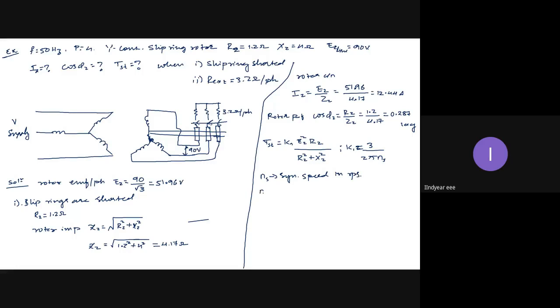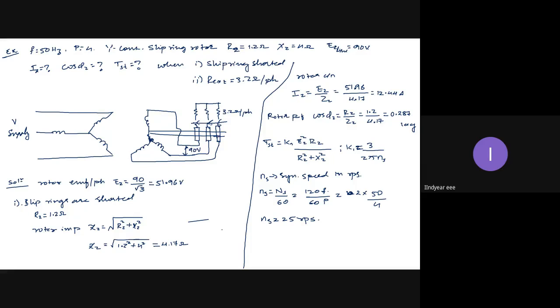And this ns is equal to Ns by 60, and this is 120 f upon 60 p. So it is 2 into 50 divided by 4. So ns is equal to 25 rps.